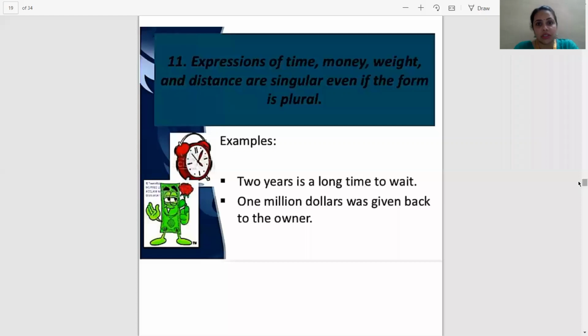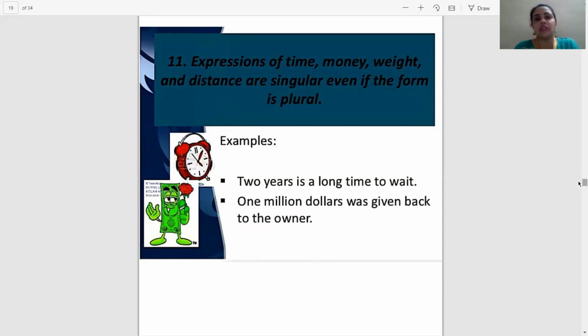$1 million. $1 million is again clubbed. Suppose somebody has left some coins on the table, then that could be countable. But otherwise, if we talk about money, it becomes uncountable. Is that clear?